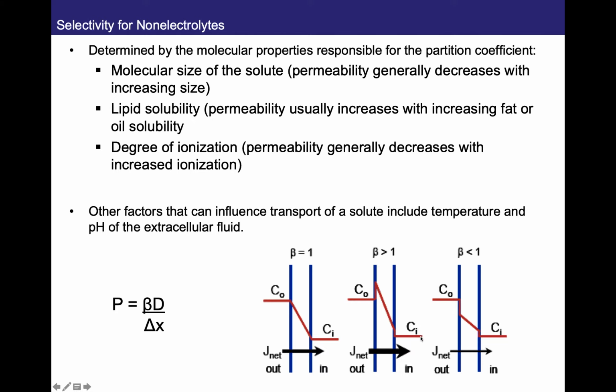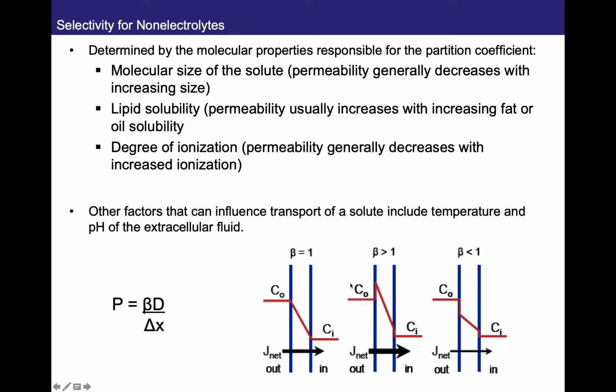Looks the same. However, because these molecules prefer to be right inside the plasma membrane, which is a lipid environment, the concentration bumps up. See where my arrow is? Right in the inner leaflet now, you can see that concentration has bumped up. It's increased because it prefers to be inside that plasma membrane.